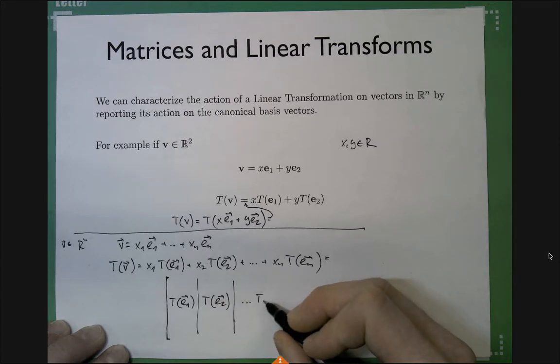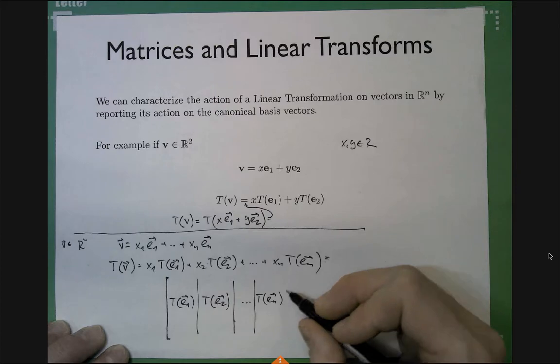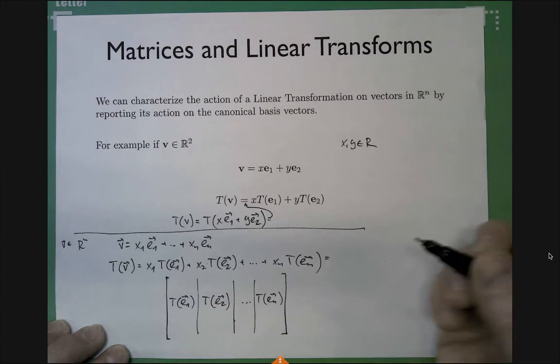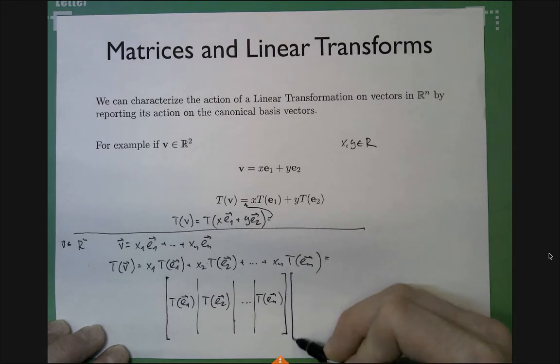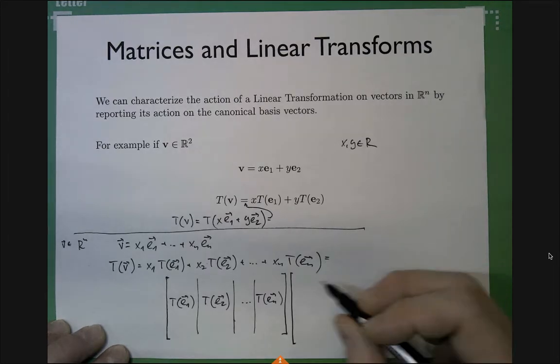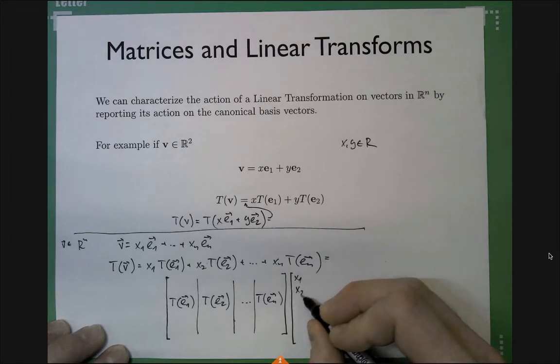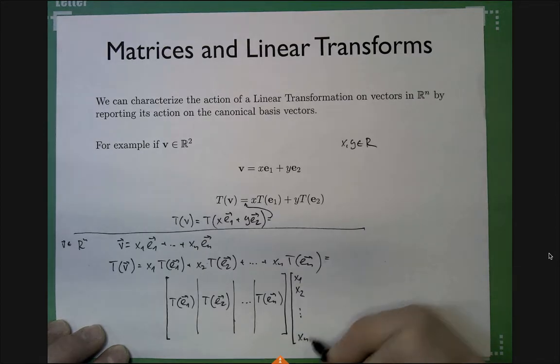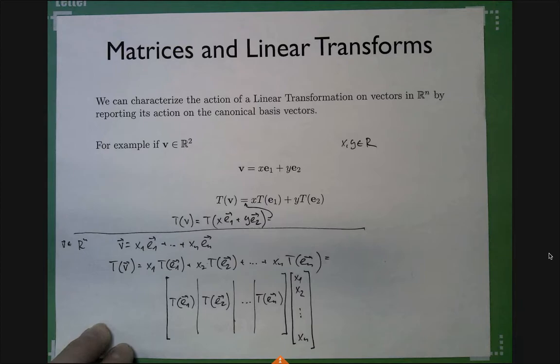And the final one will be T(en). All right. And I can say that this is a matrix, and I multiply it by the vector x1, x2, and so on to xn. So this is essentially a different notation for this sum.